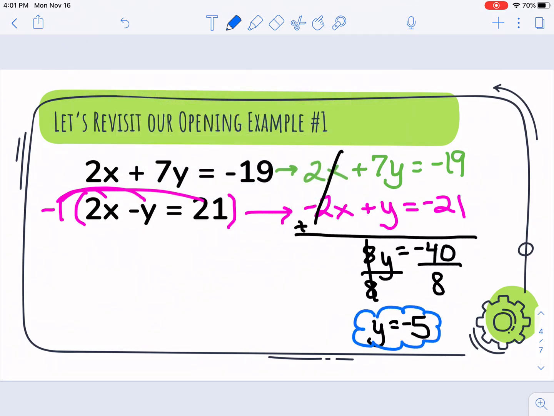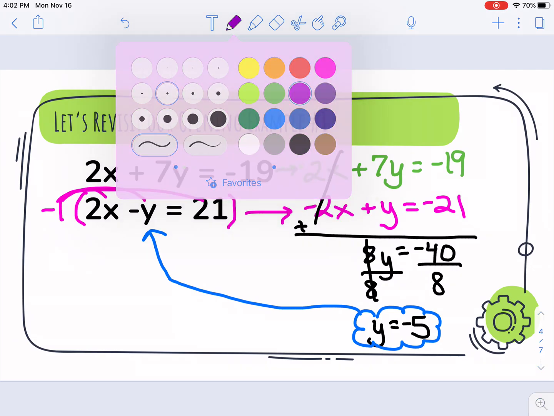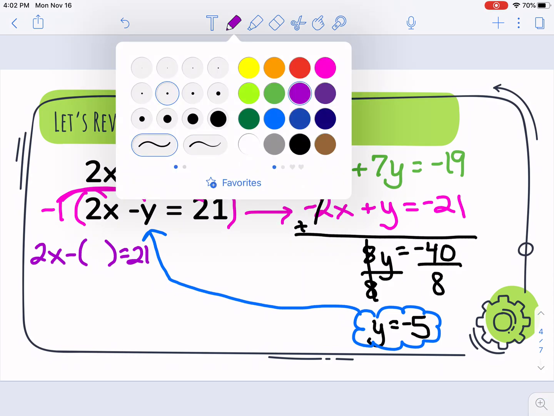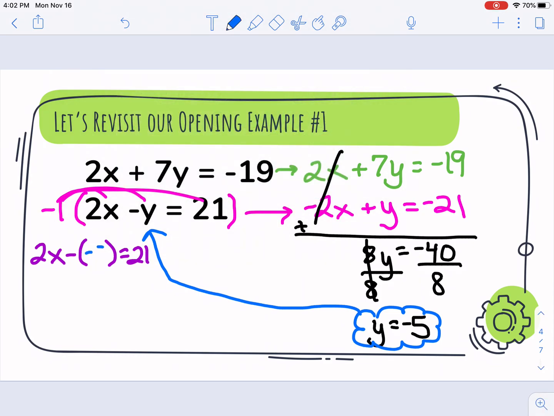I can plug this into either equation. I'm going to plug this in for y right here. If I write the equation 2x minus something equals 21, and I replace that y with our negative 5, now I have one variable to solve.